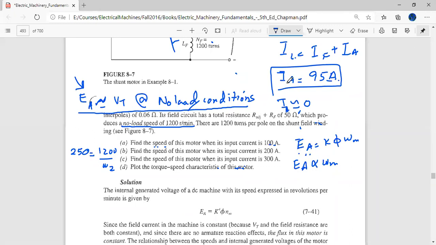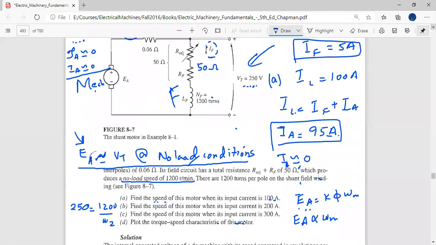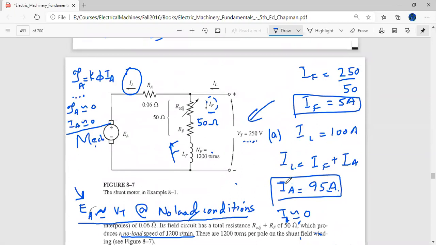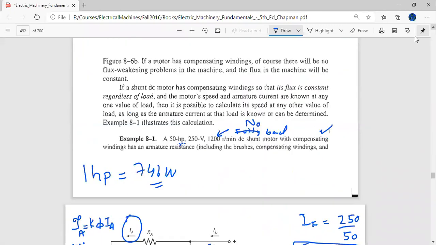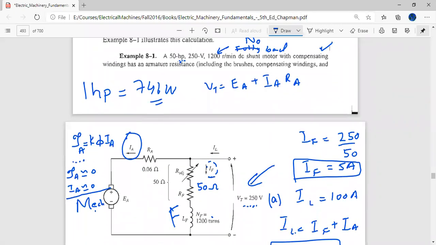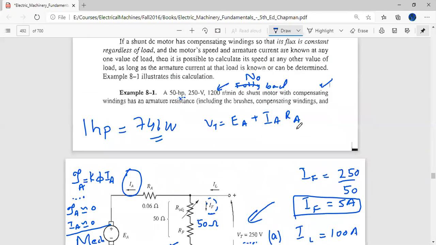I know that when the input current is 100 amperes, the value of IA is 95 amperes. So when IA is equal to 95 amperes, I can find the value of EA. VT is equal to EA plus IA RA. I know the value of RA is 0.06 ohms, and IA is 95.